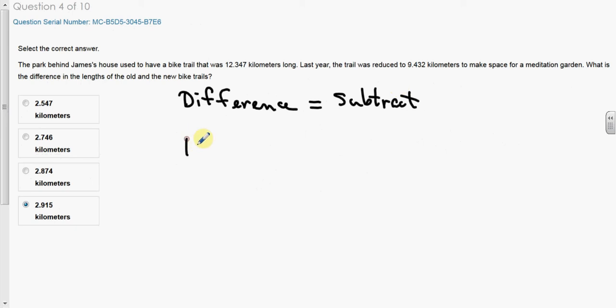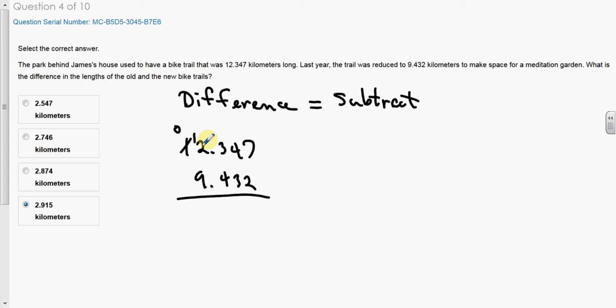So we have 12.347 minus 9.432. So we subtract here. Notice that I can subtract 7 minus 2. I can subtract 4 minus 3. But I cannot take 4 from the 3, and I cannot take 9 from the 2. So I take 1 from here.